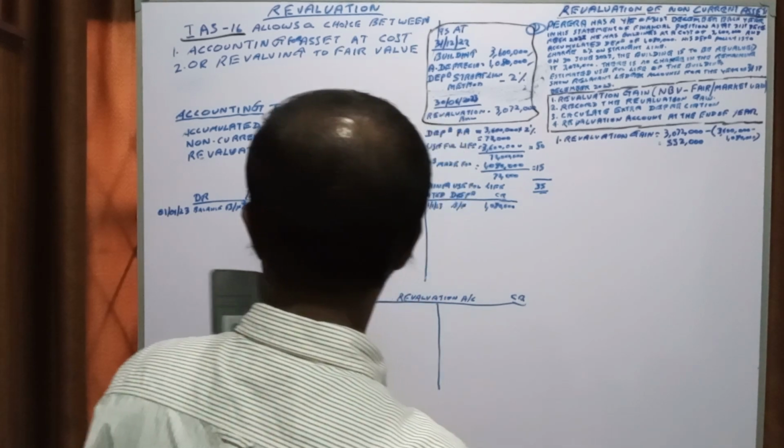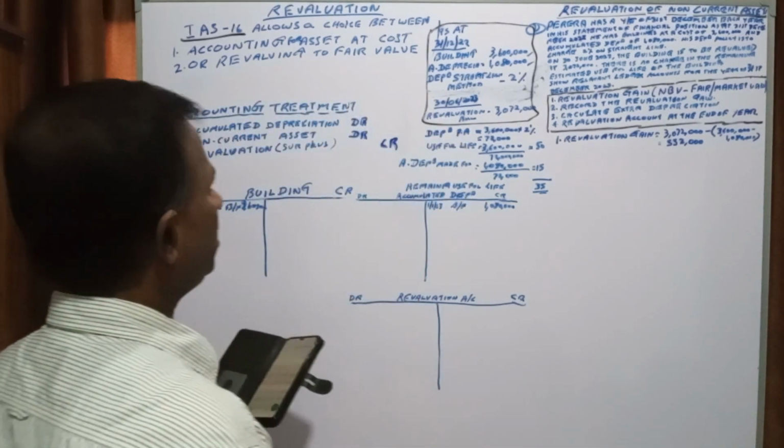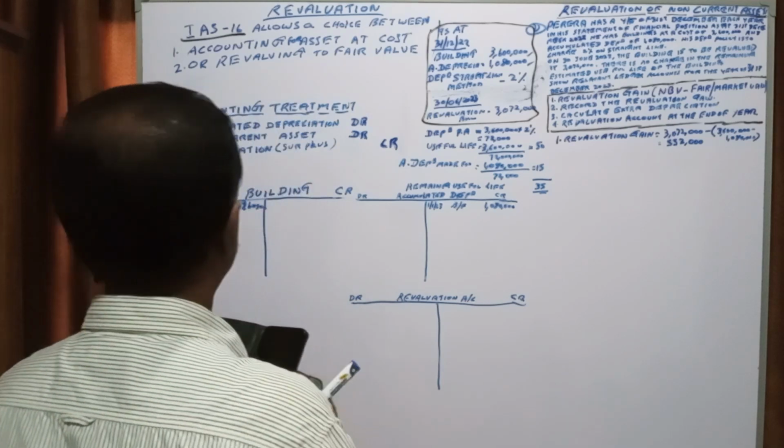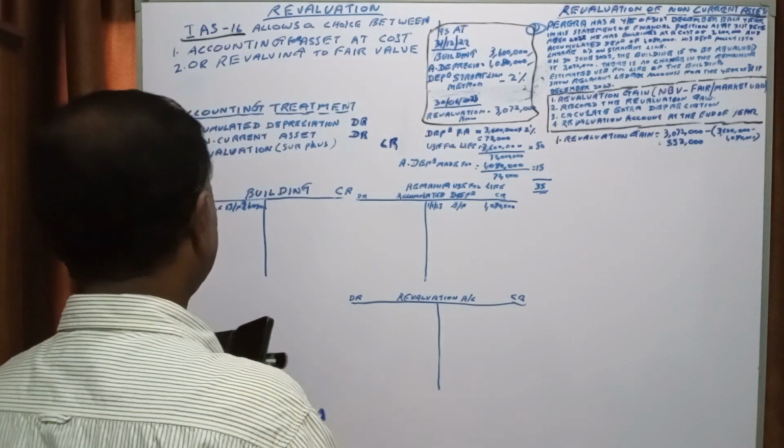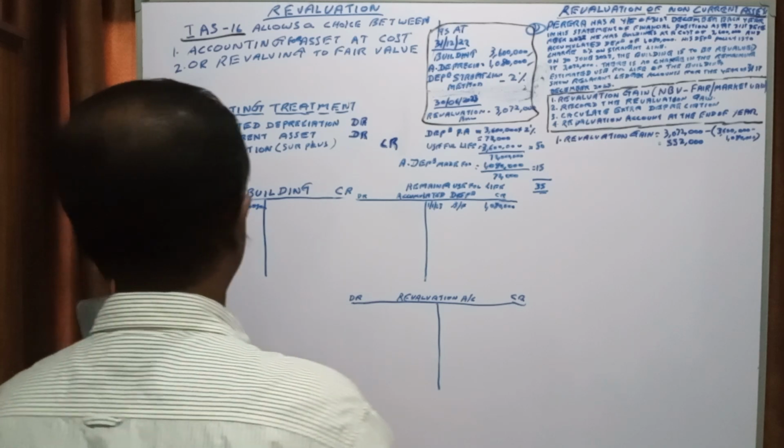Right. So 528,000 is the amount going to decrease.